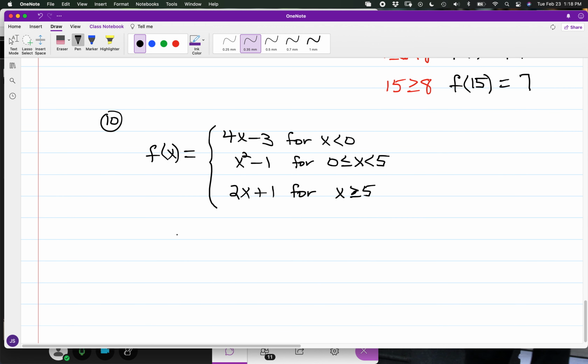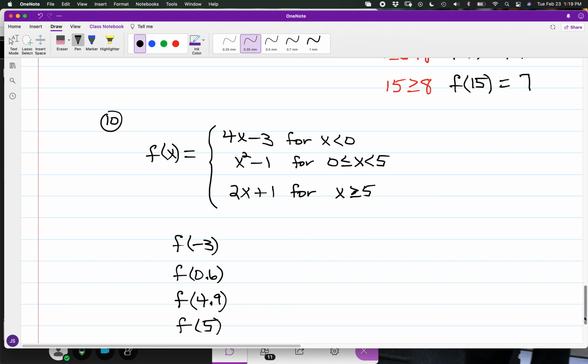Alright, so we have with the various inputs: f of -3, f of 0.6, f of 4.9, and f of 5.